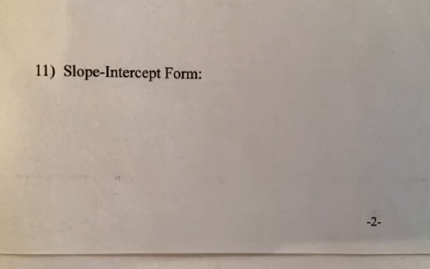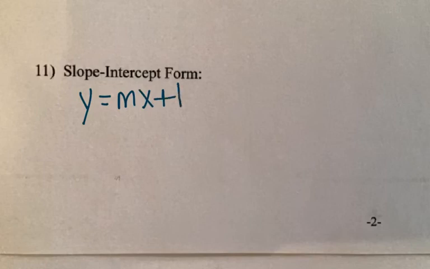Okay? Now, slope-intercept form. This is something that you will use from now till you get to college. So go ahead and write down y equals mx plus b. Where m, what did we say m stood for earlier? M is slope, remember?